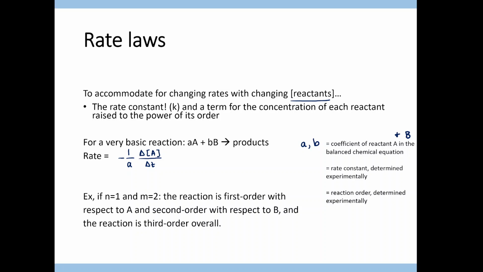Another way, which is what we'll use mostly in this chapter, is having the concentration, leave a little space in the beginning, concentration of reactant A raised to a power, we're using a letter because that power can change, times the concentration of B raised to another power, and then all of that multiplied by the rate constant, lowercase k.